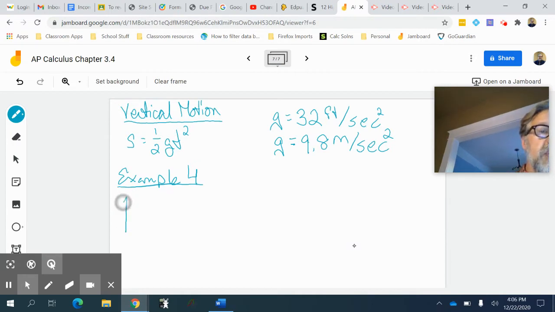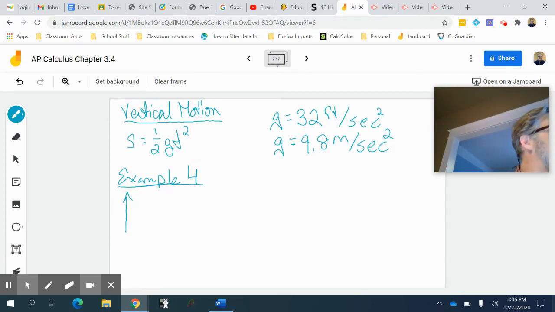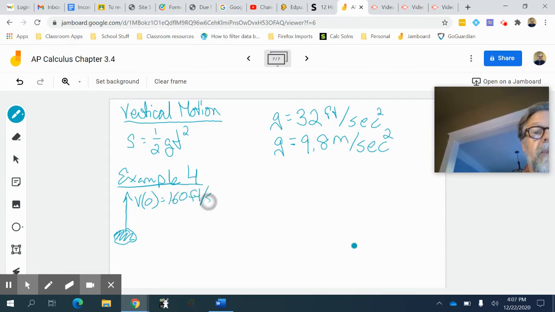We launch a rock into the air. Why? Because we can. Heavy rock, there it is. Straight into the air with a launch velocity of 160 feet per second.